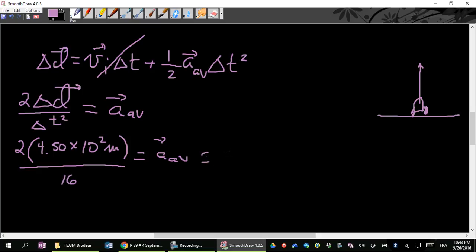Acceleration 56. Now I have 3 significant digits, and my delta T is 4.0, so that's 2 significant digits. I have to round, so it's 56 meters per second squared.